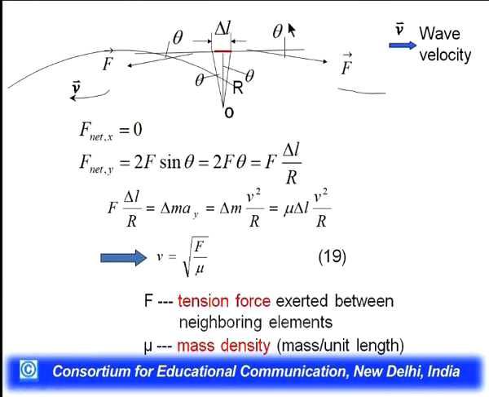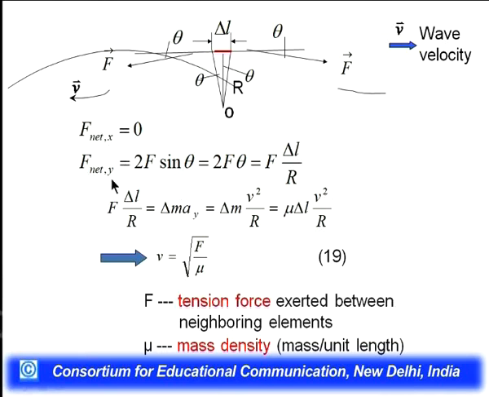Here we are talking about a string that is moving. The net force on the string in the x direction is equal to 0, and in the y axis, it will be 2F sin θ, or we can write it as 2Fθ, which is equal to F ΔL by R.